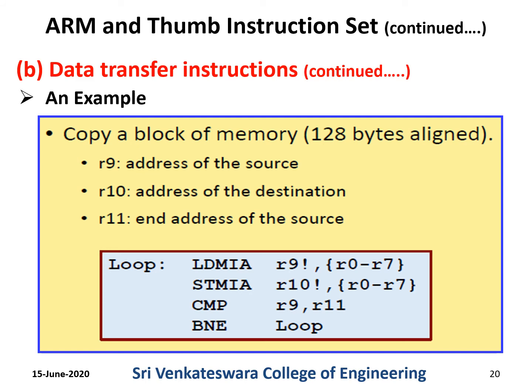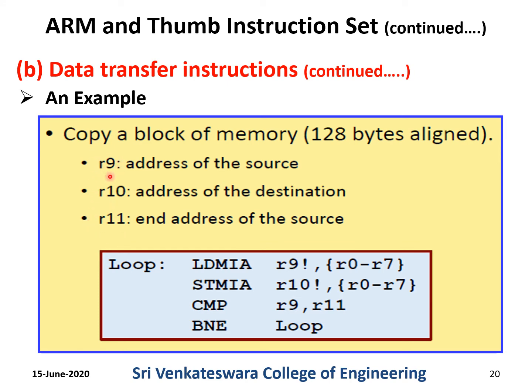In order to highlight the significance of multiple register load and store instructions, LDM and STM, let us consider a simple example. The problem is to copy a block of 128 bytes from one memory location to another memory location. For that we are making use of these 3 registers.